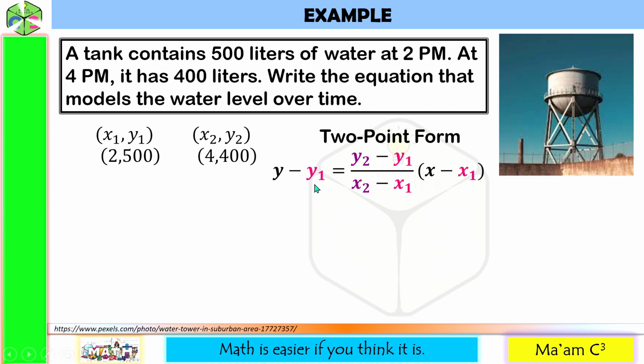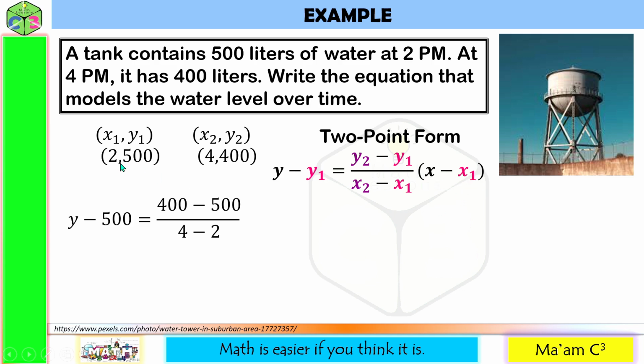Y minus y sub 1, our y sub 1 is 500, so y minus 500 equals y sub 2 is 400 and y sub 1 is 500. 400 minus 500 all over x sub 2, that is 4, and x sub 1 is 2, so 4 minus 2. Multiplied by the quantity x minus x sub 1.